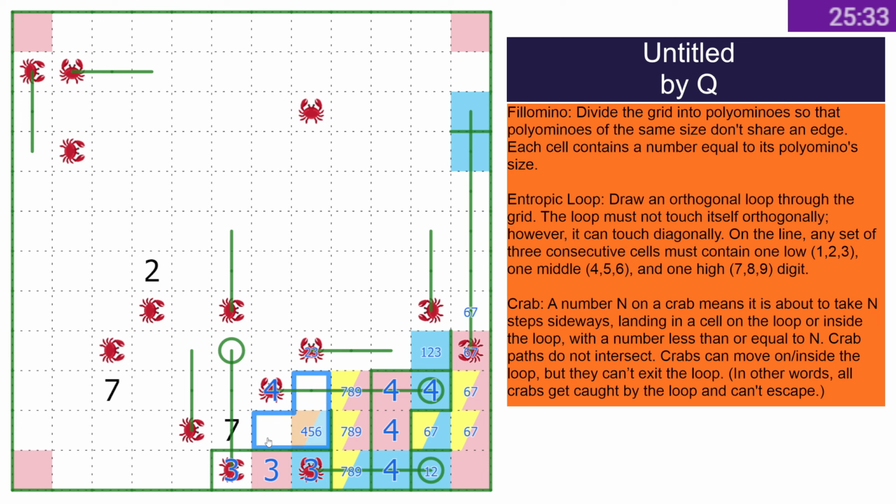This guy can't be 5 or 6 because he's then trapped in by this. This is strictly 4. And, of course, the loop stops him being... So one of these 2 cells will be a 4, and the other one will be from 7, 8, and 9.